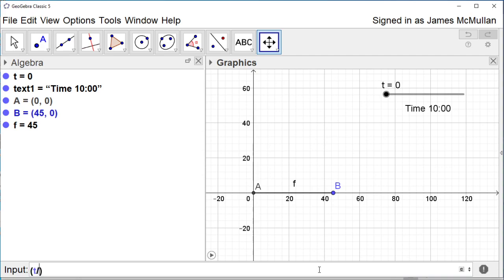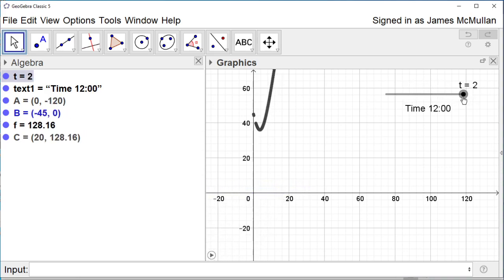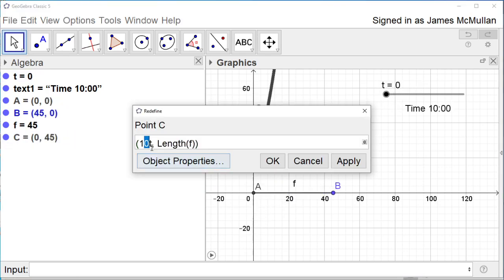So let's say 10t and f, length f. Okay, so this is going to track the distance between the two trains. So at the beginning, the distance is 45, it drops, drops, drops, and then it starts to rise, and it never comes back. It just keeps rising after that moment. So you can see the distance that we're going to need here.